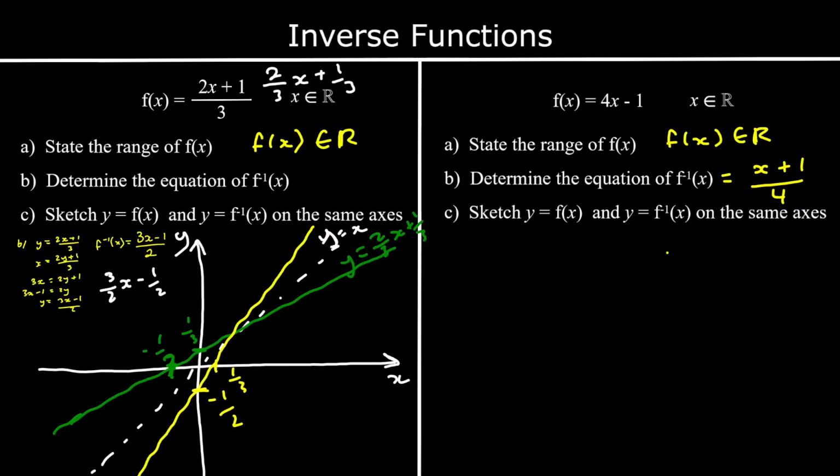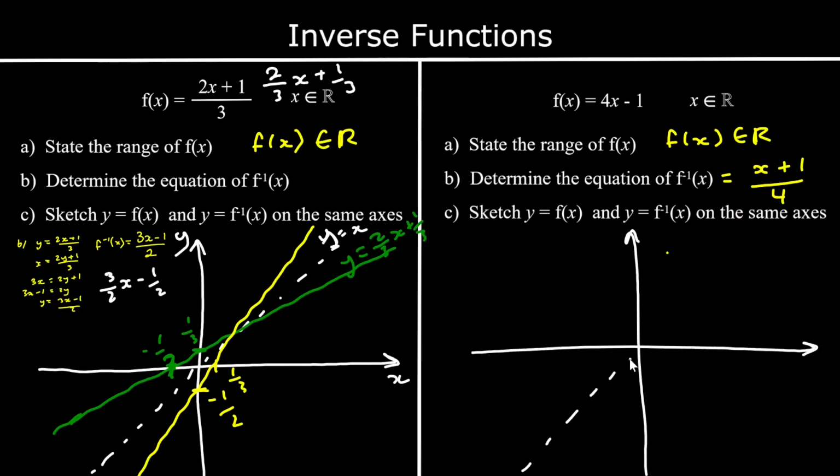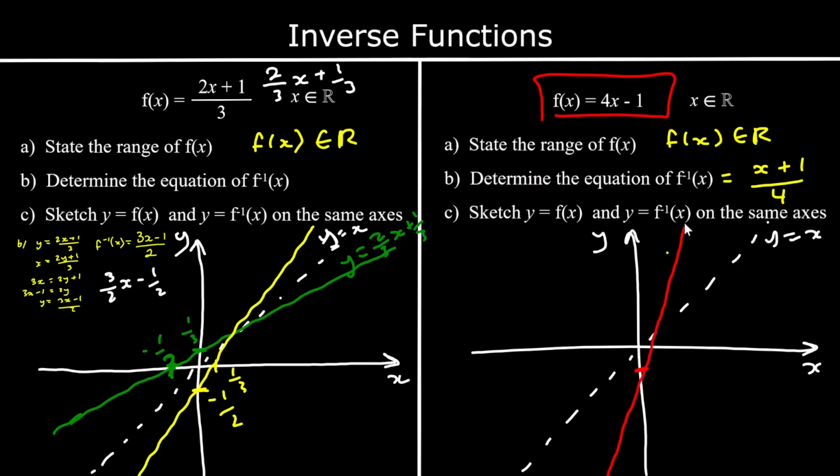And sketch them on the same axes. So we're going to have a reflection in the line y equals x. Our original was 4x minus 1, so it's got a y-intercept of -1 and a gradient of 4, so quite a steep one. And then our inverse is going to be a quarter x plus a quarter.